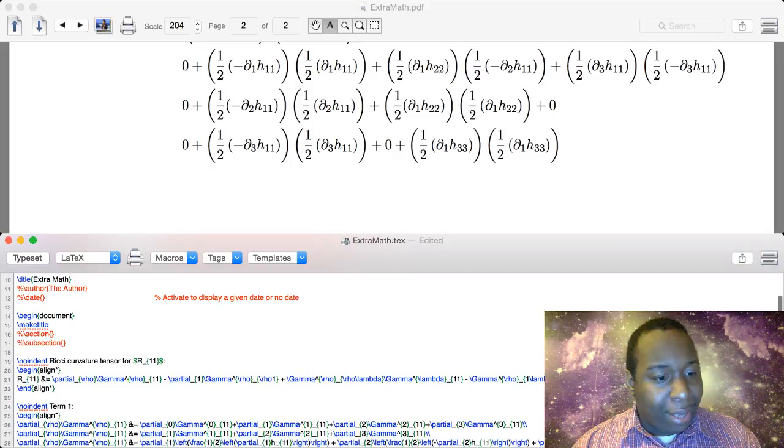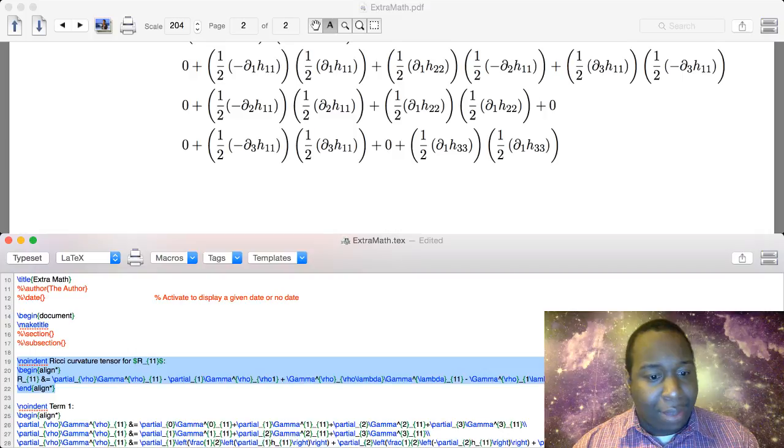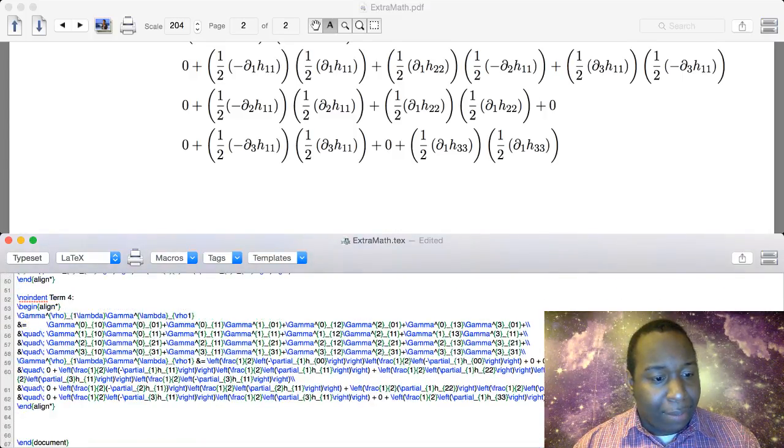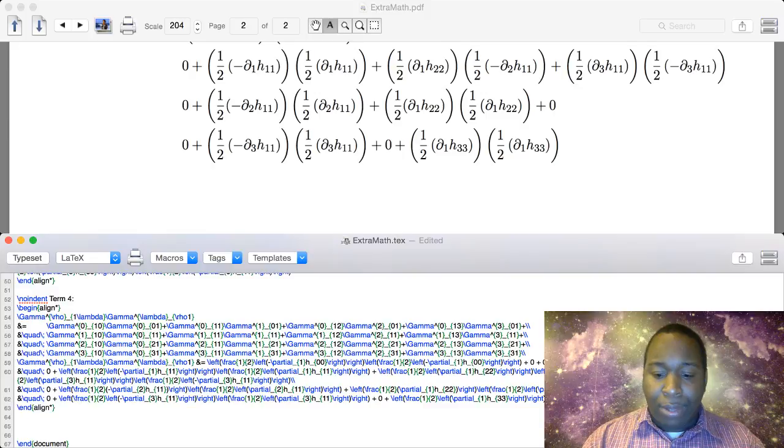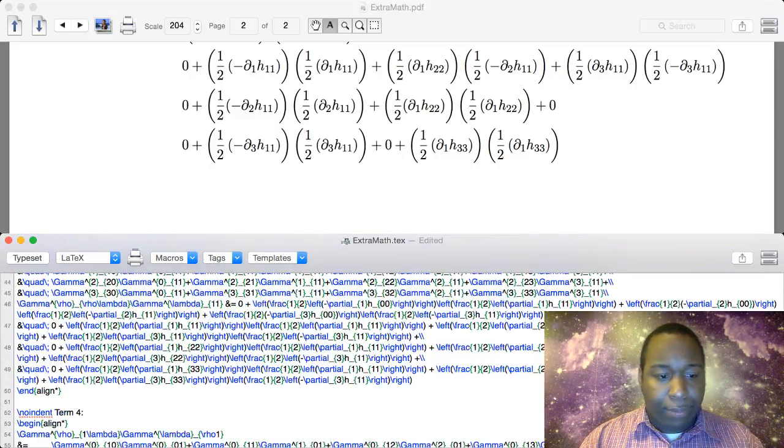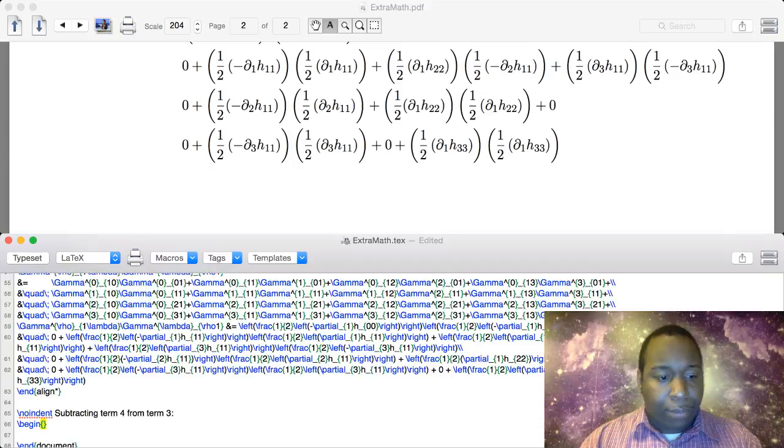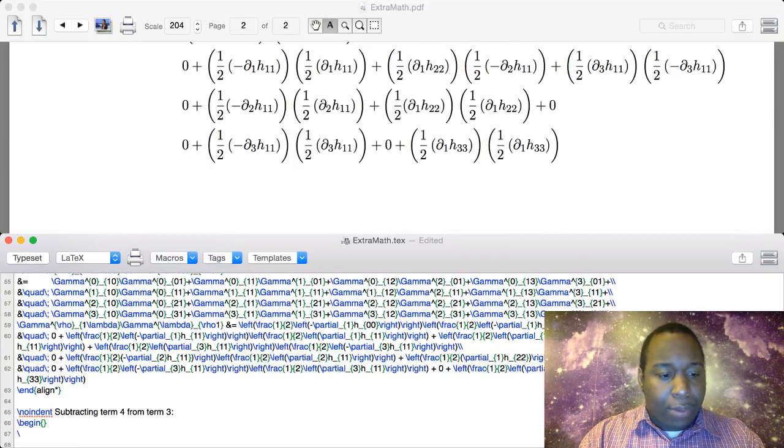So I want to put everything together. So let's just copy and paste this. And let's see if I can, or actually, let's do this, no indent. So subtracting term, and I think it's term 4 from term 3. But yeah, this is what it's about.